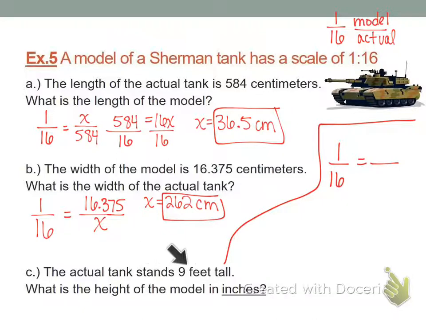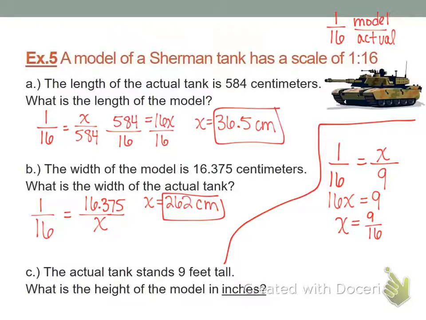So if the actual tank is 9 feet tall, where should that 9 go? On the bottom, which means on top I have X. When we cross multiply, 16x equals 9. X equals... If you put it as a decimal right now and you write the whole thing out, that's fine.